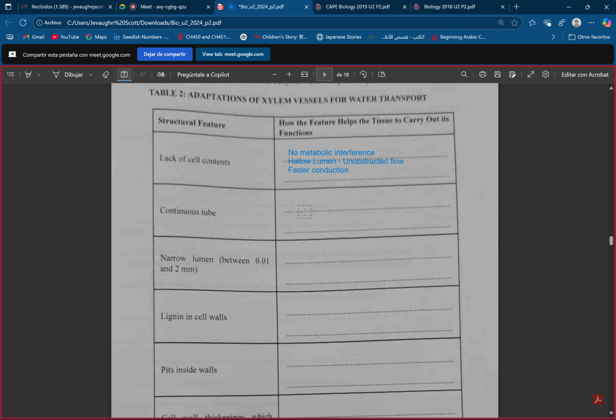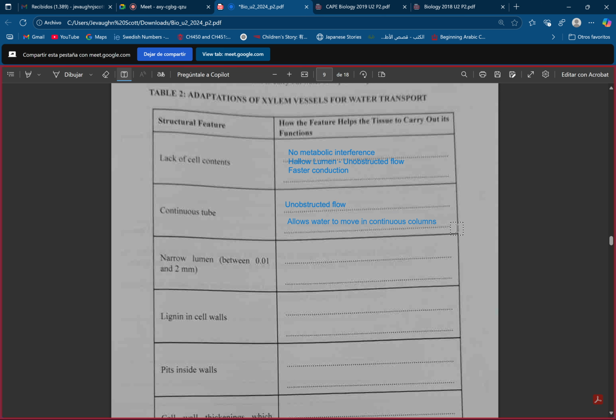Okay, we could say the same thing, unobstructed flow. Anything else? Okay. Right, so continuous columns there.